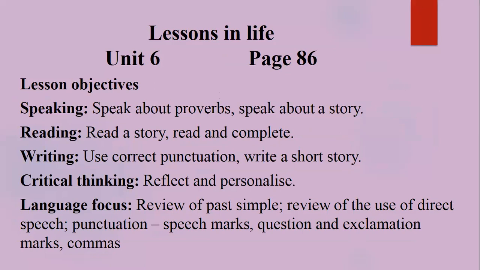Speak about proverbs. Speak about a story. Reading activity. Read a story. Read and complete. Then, writing activity. Use correct punctuation. Write a short story. Then, critical thinking. Reflect and personalize.